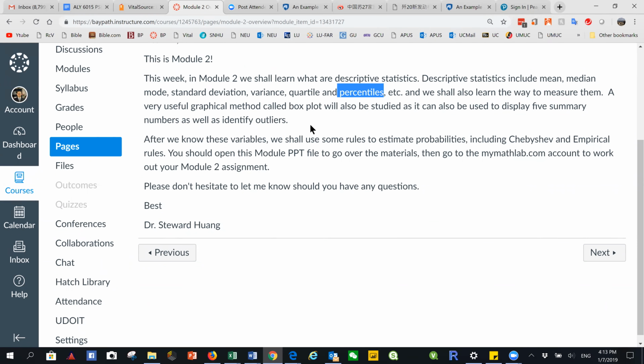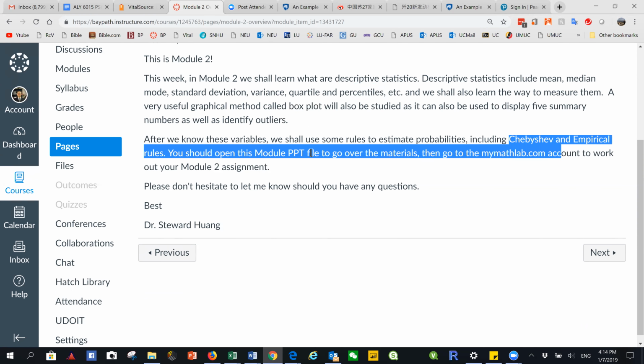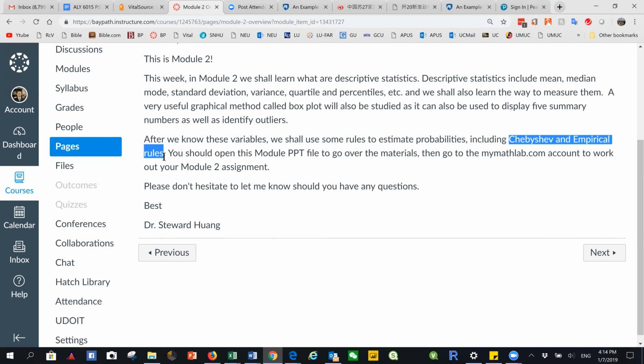Then the boxplot. In the boxplot, you have a 5-number summary, which is the 4 quartiles: actually, minimum, first quartile, median, third quartile, and maximum. In addition to that, we will learn Chebyshev's and the empirical rule to describe probability.